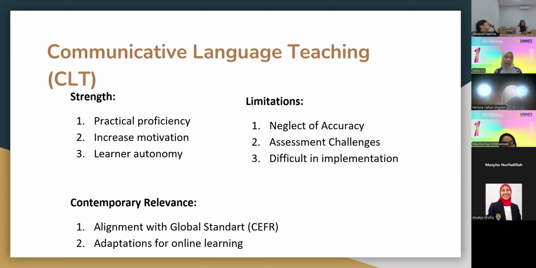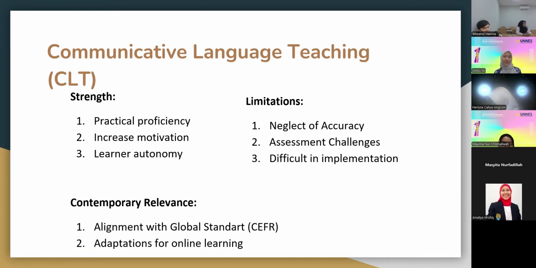And the second is adaptation for online learning. As we know, nowadays as students we have Elena and Sikadu, and also other e-learning, and we use Zoom as a tool in transferring knowledge.